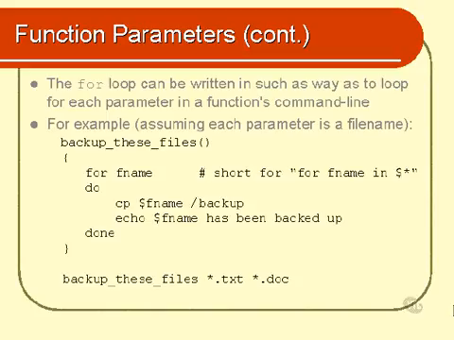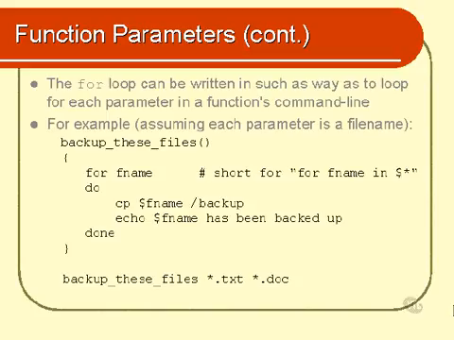Now, incidentally, how many parameters is backup these files actually getting? How many parameters are there on the command line? Well, the answer is surprising. It is not 2. If you said 2, you'd be mistaken. Well, it's not necessarily 2, I should say. Let's say there were 5 files in that directory that ended in .txt, and there were, let's say, 6 that ended in .doc.